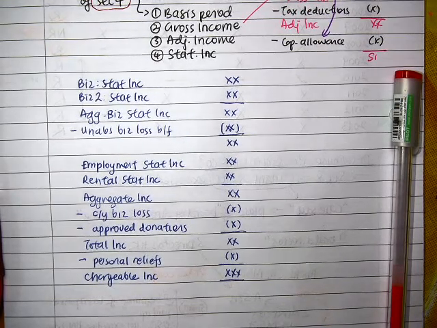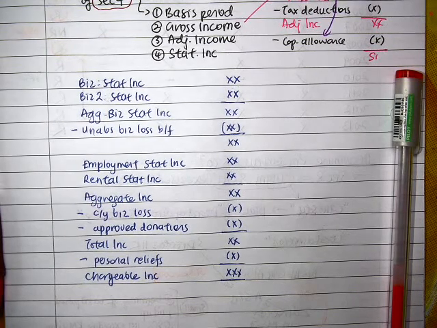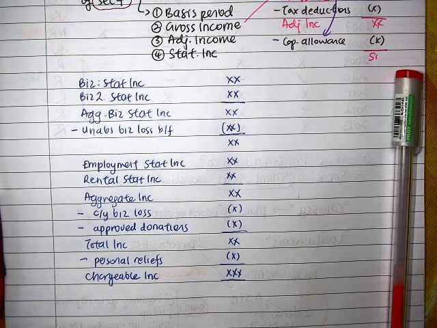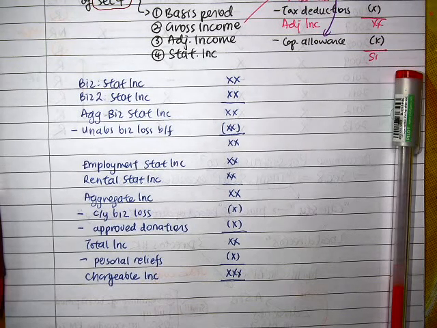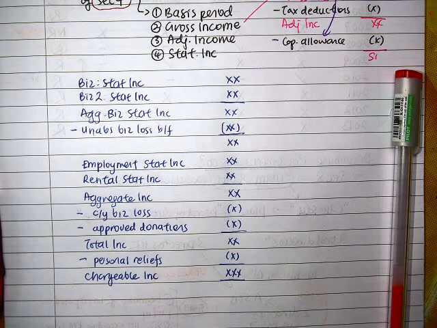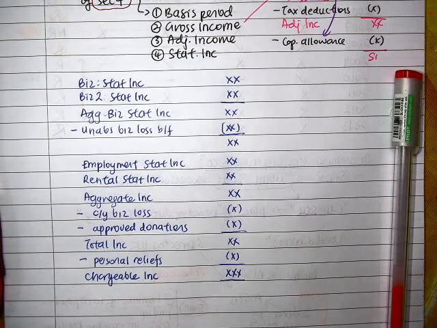They've given you the employment statutory income, the rental statutory income, dividend income, business 1 adjusted income, business 2 adjusted loss, capital allowance for business 1 and business 2, balancing allowance for business 1, balancing charge for business 2, unabsorbed business loss brought forward from business 2, cash donation to an approved orphanage, a wheelchair bought for Kasim himself because he is disabled, zakat payment, deferred annuity premium, life insurance, EPF, and contribution to private retirement scheme. Some of these you must know because you learned tax before, it's about relief.